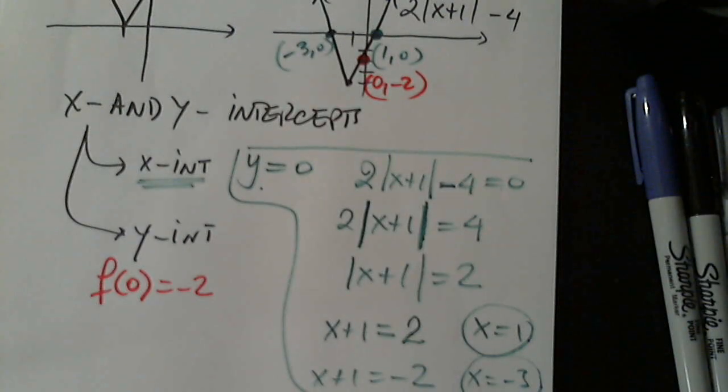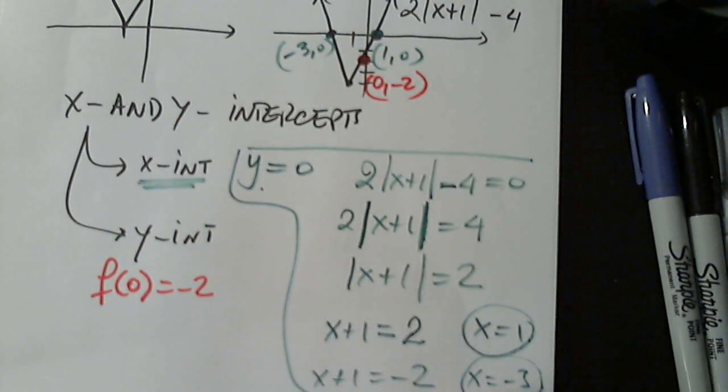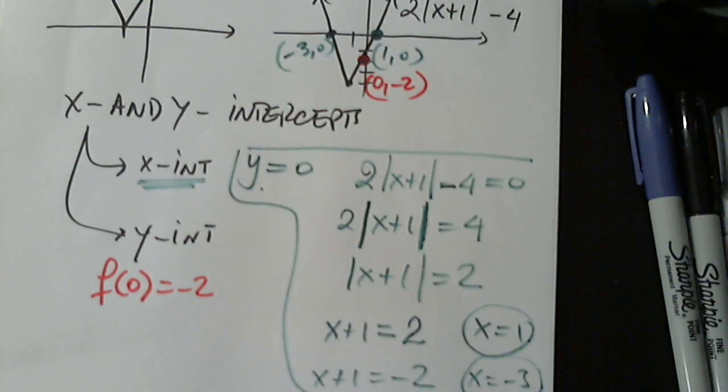If I want to find the x and y intercepts, then I have to do the algebra. Because here I could not determine them. I had to do the algebra to find those. So I just want to share my screen, and let's look at the next handout with transformations.